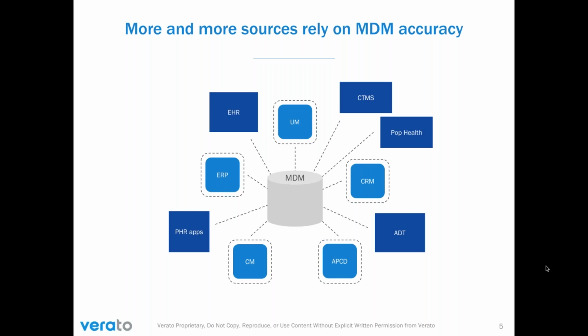But more and more data is either being fed into the MDM system or being used to query or search against the MDM system. And the wider variety of data sources you get, the more inconsistent the data becomes, the more errors you see, the more sparse data you see.